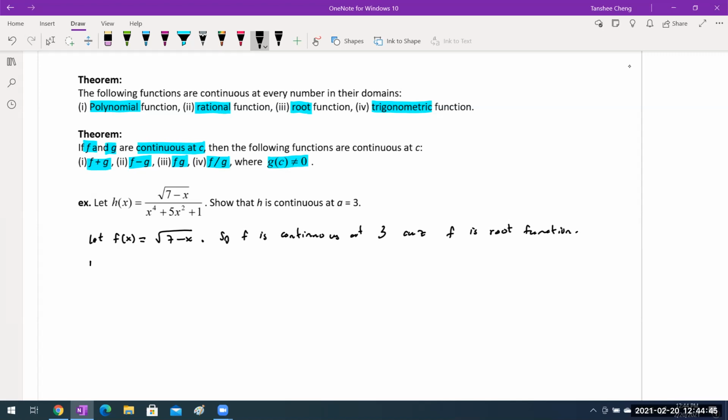Then let g of x be equal to x to the 4th plus 5x squared plus 1. Clearly g is also continuous at 3 because g is a polynomial function.